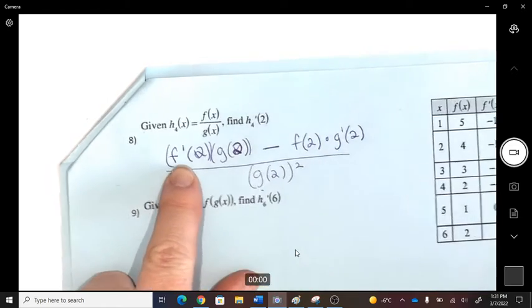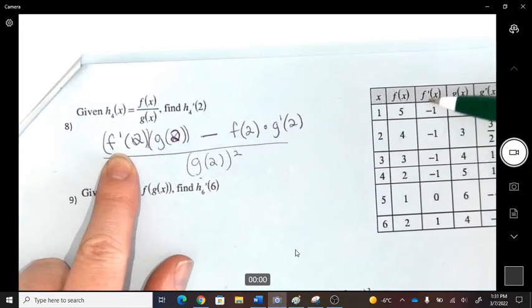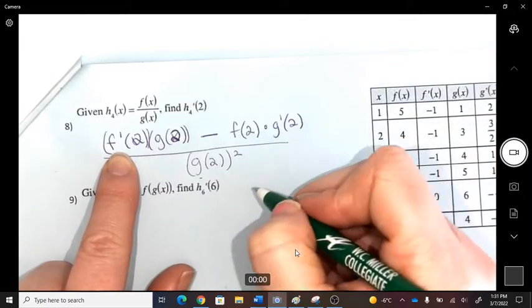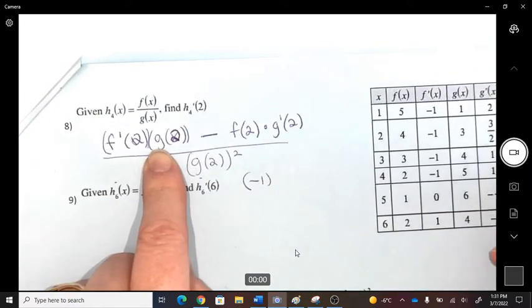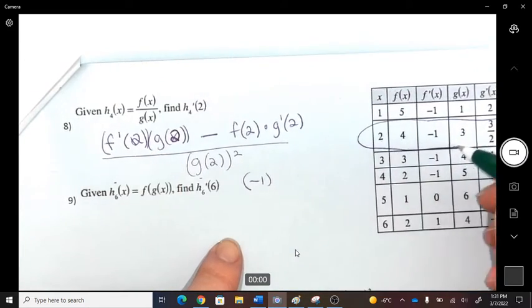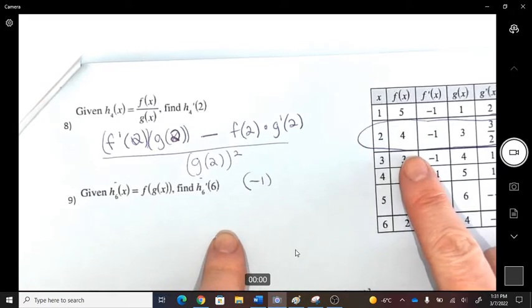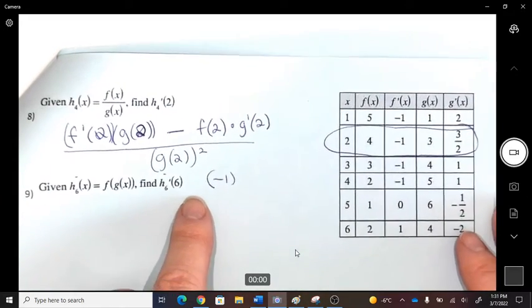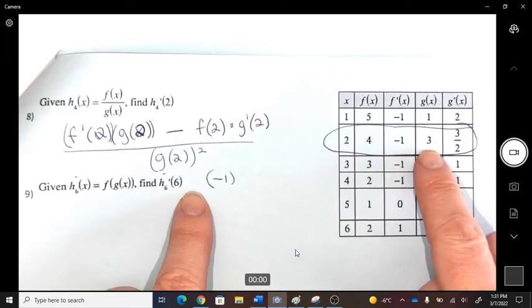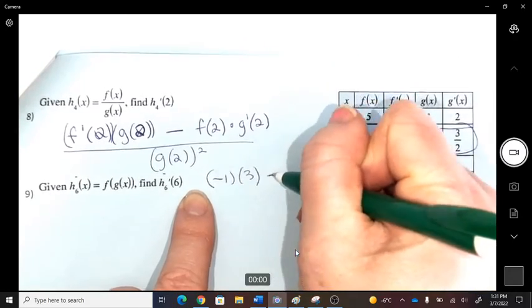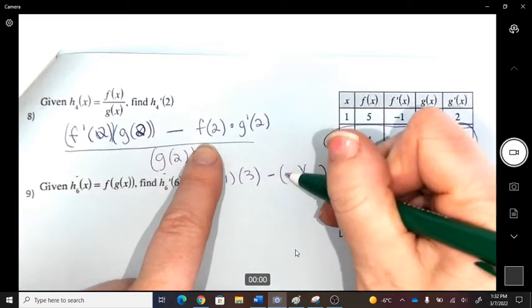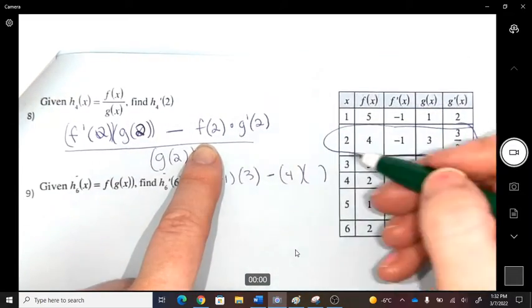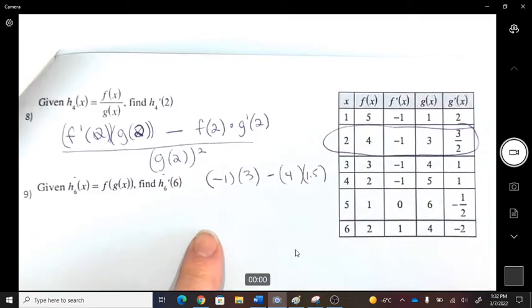Okay, ready? F prime of 2, f prime 2 is this spot, so negative 1. Normal g at 2. You know what I'm going to do here? I'm just going to circle this all. These are all the numbers here. Normal g is 3. Subtract. Normal f is 4. G prime is 1.5.